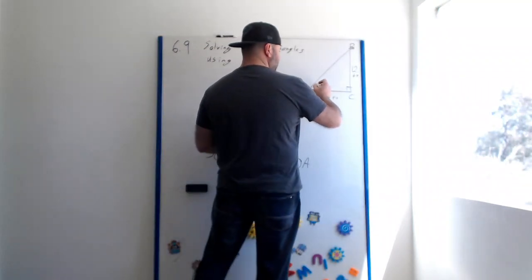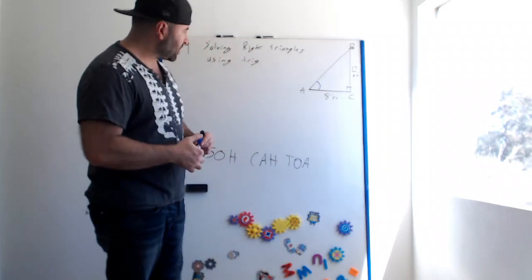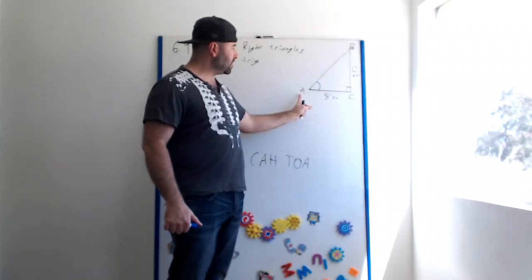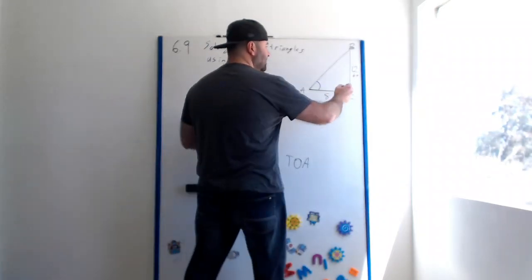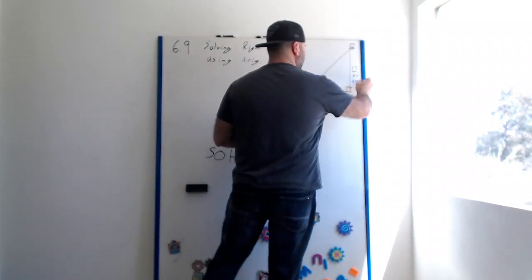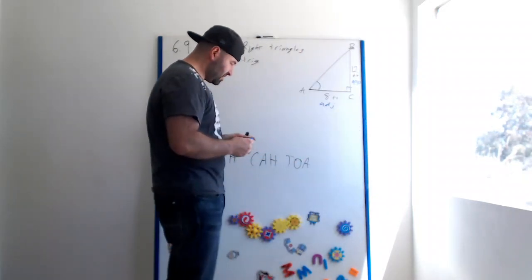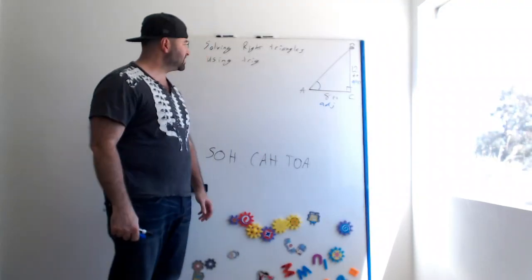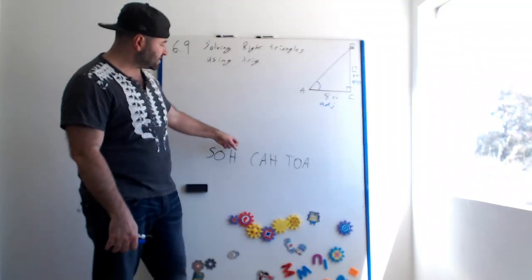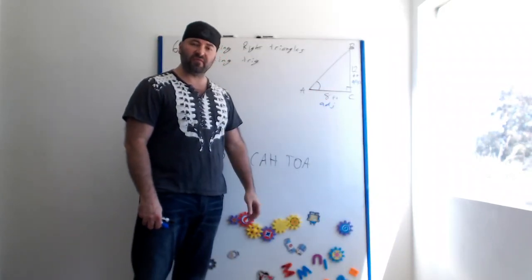So this is the angle that I want. Now, in accordance to that angle, this is the side that is opposite, and 8 is the side that is adjacent. Similar to what we were just doing, we want to see which one of these three trig functions is going to allow me to have A involved in it.